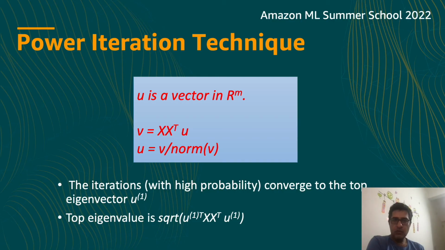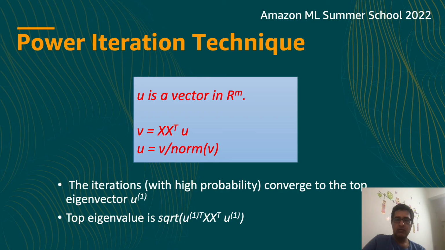Once you do that, with high probability you converge to the eigenvectors that you were looking for in the first place. In the power iteration technique, you use a vector u in R to the power m space, and v is X X transpose times u.